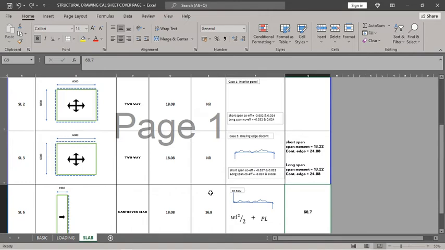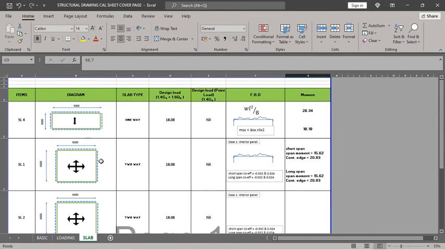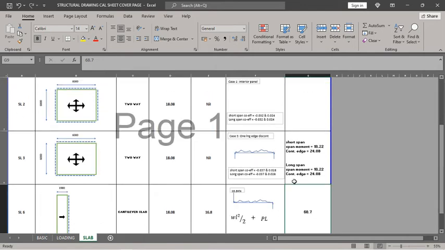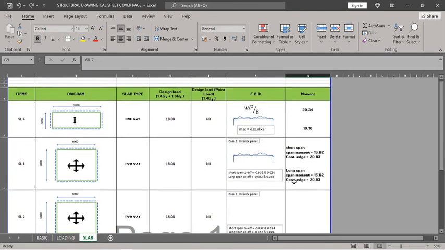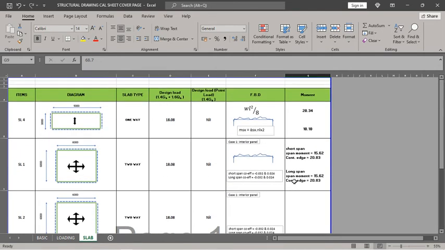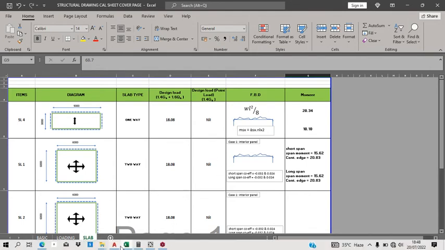So in our next video, we'll decompose these slab loads onto beams. Then we'll get the moment on the beam as well, and we'll make arrangements of the beam.